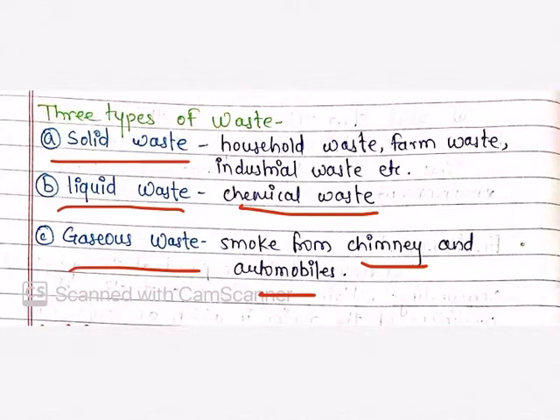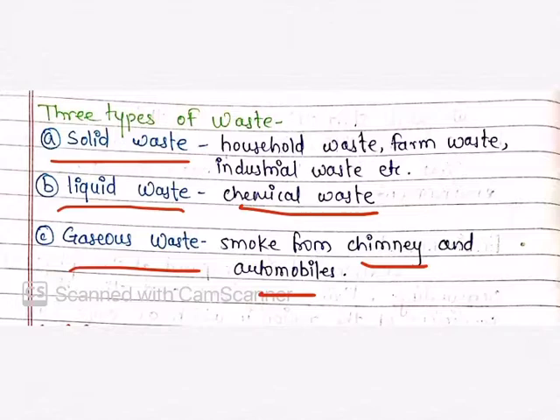In solid waste, all the solid substances from the waste come, and in liquid waste, all the liquid contents present in the waste are considered as liquid waste. Gaseous waste means all the gases that are waste.